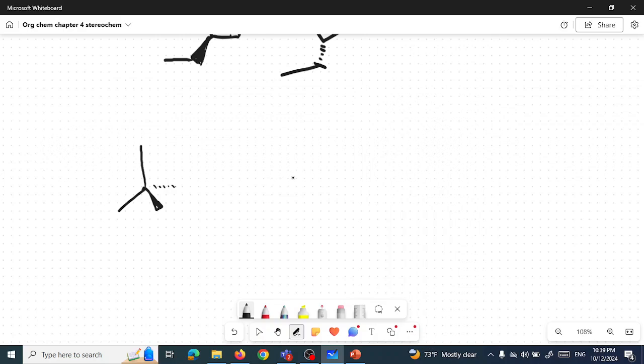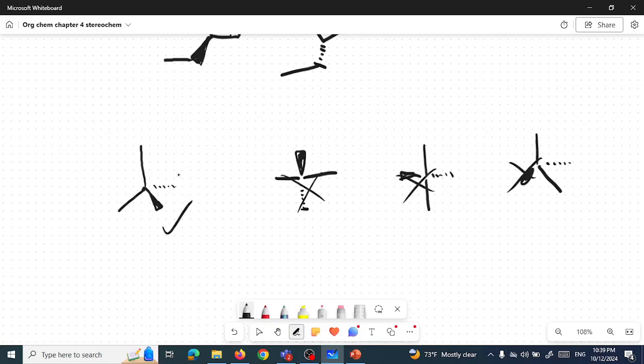Normally we would not draw a chiral center by separating the dash bonds vertically or horizontally. We probably wouldn't draw it with an angle either. Okay, just keep that in mind. Normally, I'm just saying normally we would not draw bonds like that. One chiral center will always be drawn like that.